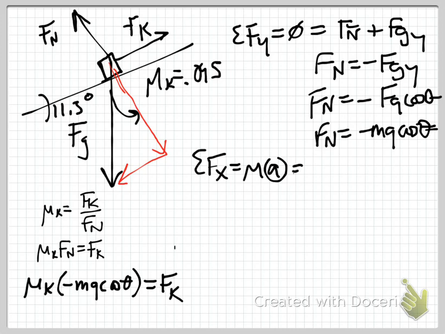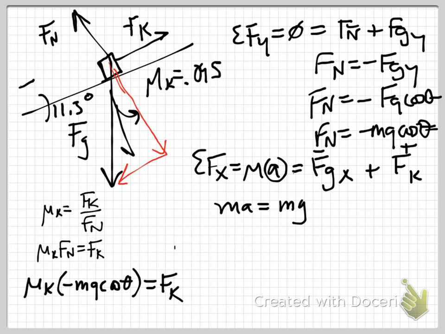And we know that that's going to equal Fgx, which is negative. It's Cartesian negative and it's downhill, so that works out, plus Fk, which is a positive. So ma equals, and we know that the Fgx is mass, gravity, sine theta.